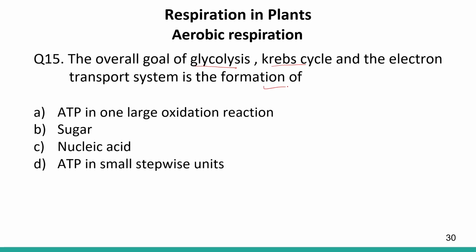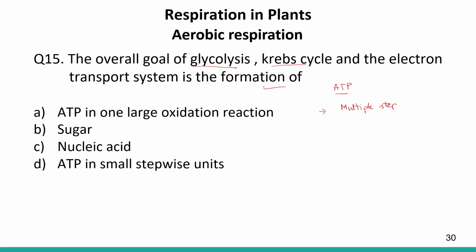The next question is, the overall goal of glycolysis, Krebs cycle and the electron transport is the formation of, okay, so they are talking about the entire process of respiration, and in the end ATP is formed. Now this ATP is not produced in a single step. It is produced in multiple steps.